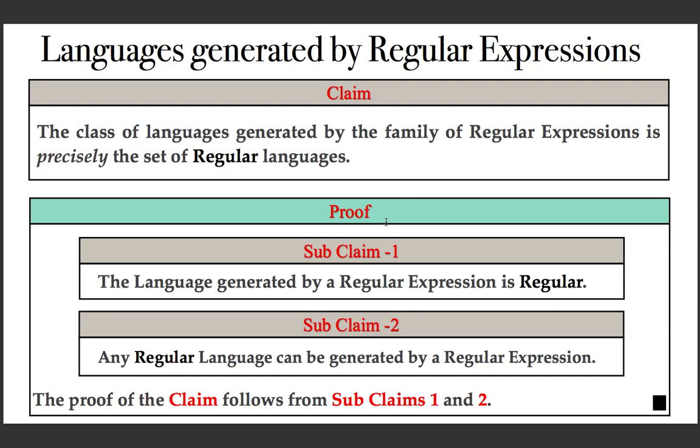And subclaim 2 tells us that an arbitrary regular language can be generated by a regular expression. In this lecture, we are going to see the proof for subclaim 1, and in the next lecture, we shall prove subclaim 2.